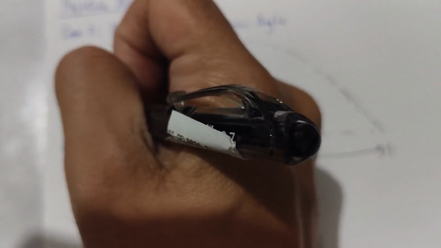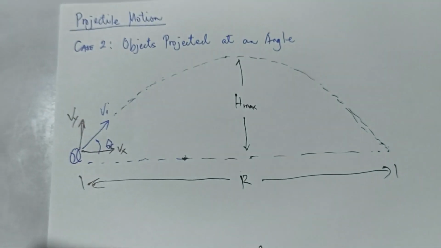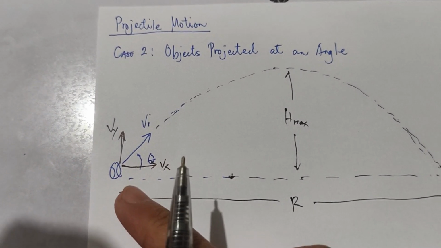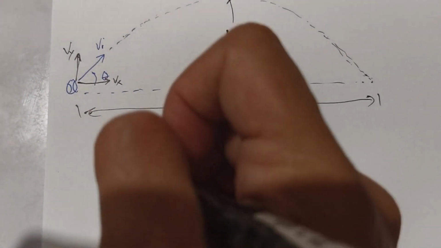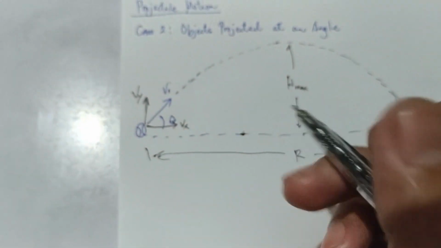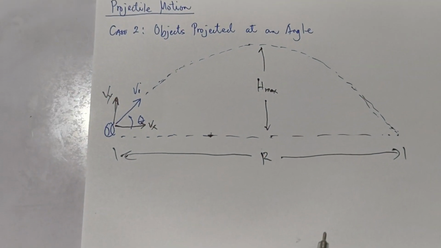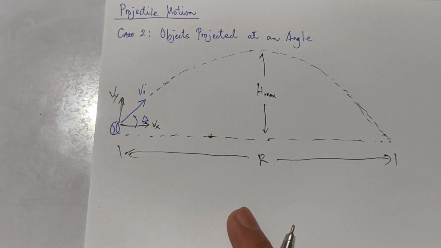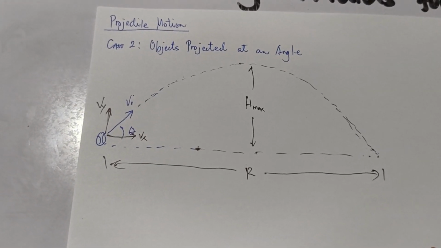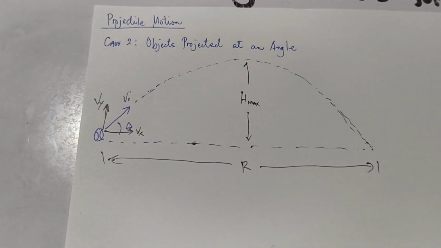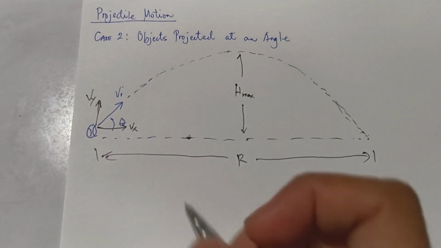Sorry, hindi na pumapantay yung drawing ko. Okay? So, basta meron siyang Vx and Vy. So, again, the same rule applies. For projectile motion, it's a combination of uniform motion along the horizontal and uniformly accelerated motion along the vertical.